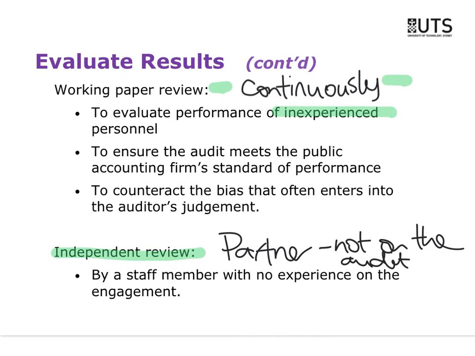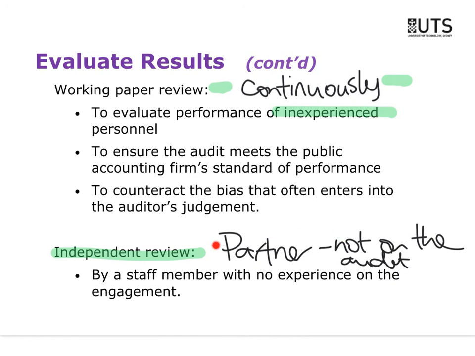So the issue with the audit is that the auditor can become so immersed in the audit that we might miss something or we might misinterpret something. So we get a different partner to look at the same evidence, look at the same work papers and say, does everything seem okay? All right. Now, that partner would have the right industry experience, so we wouldn't have a pharmaceuticals partner review a mining firm.